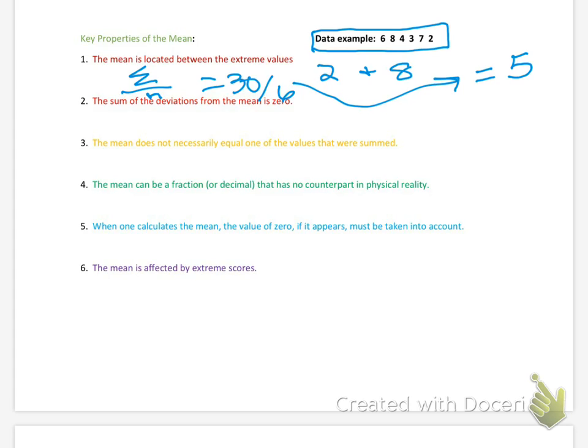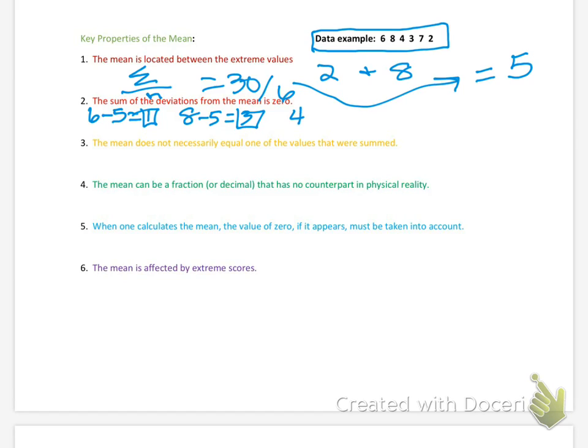Okay, the next property, the sum of the deviations from the mean is 0. So that means if you take each of these values and you subtract away the mean, so if I say 6 minus 5, I get a 1. Okay, keep going. 8 minus 5, I get a 3.